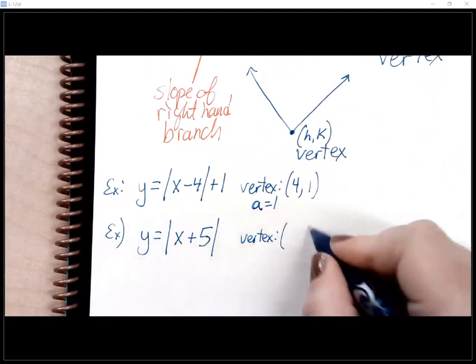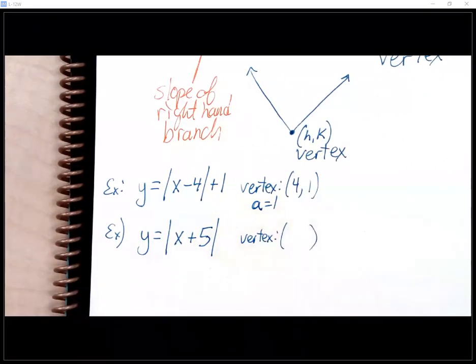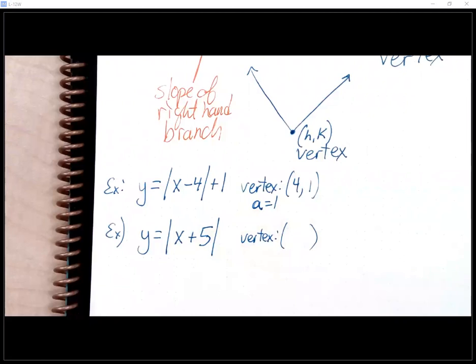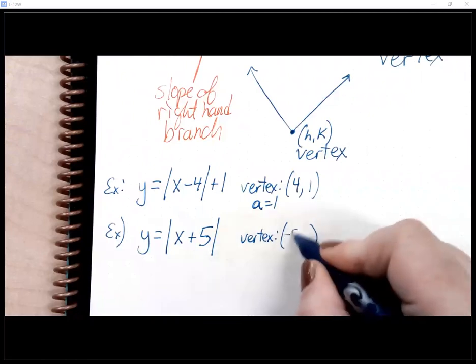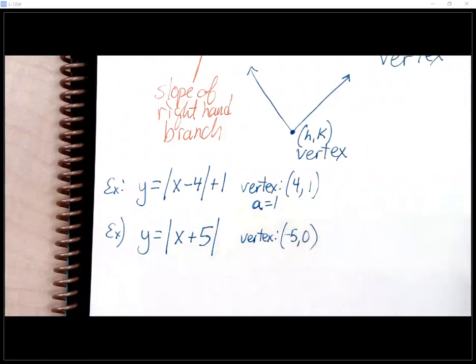Everybody write down what you think it is, and then we'll see if we all match. All right, Sam, I saw your hand up. What do you think it is? A negative 5. Correct. -5 is h. I don't have any number written over here for k, so that must be a 0.